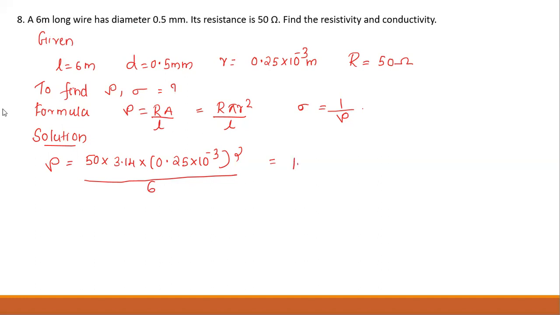On solving this, we will get 1.636 into 10 raised to minus 6 ohm meter.